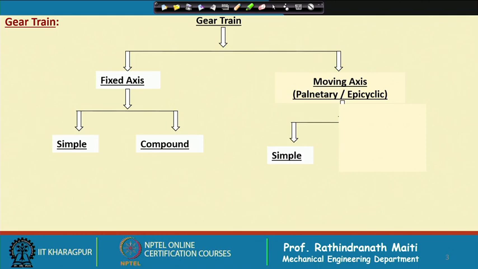In between that there will be planet. This is something like fixed axis simple gear, but in this case usually the ring gear will remain fixed and from the planet carrier output will be taken.